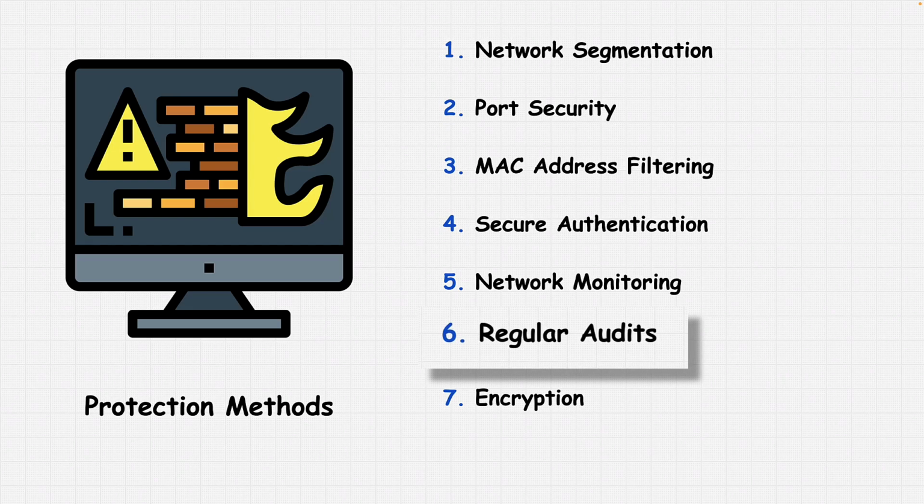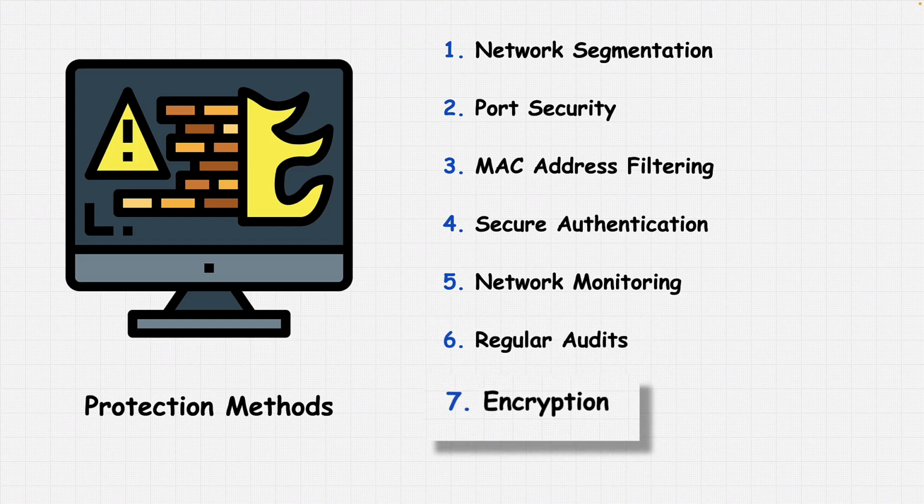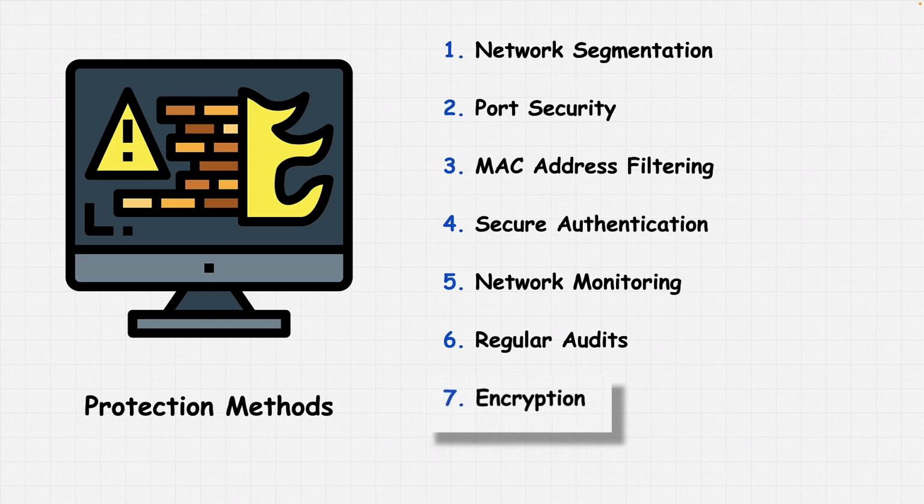Regular security audits and vulnerability assessments are crucial in order to identify and address potential weaknesses in network security, which could allow a MAC address spoofing attack to take place. And let's not forget encryption. Encryption is important for any type of attack that you want to prevent on the network. If you encrypt network traffic, especially in wireless networks, it can protect data from being intercepted even if an attacker is able to spoof a MAC address.